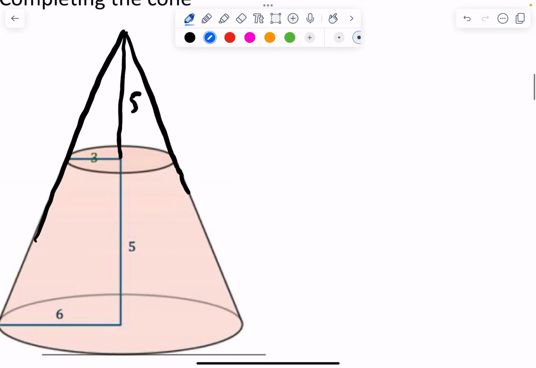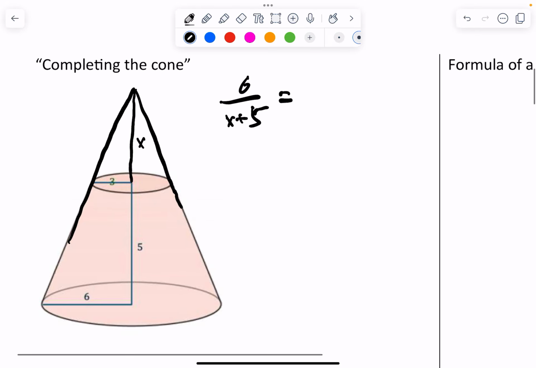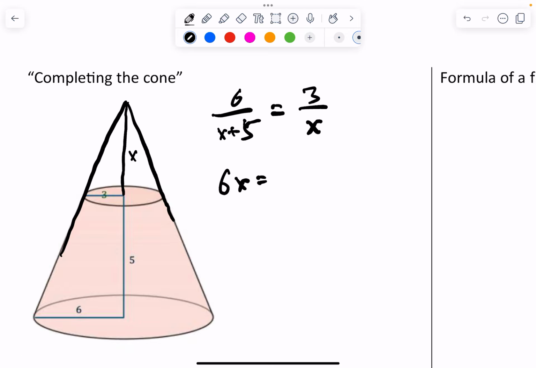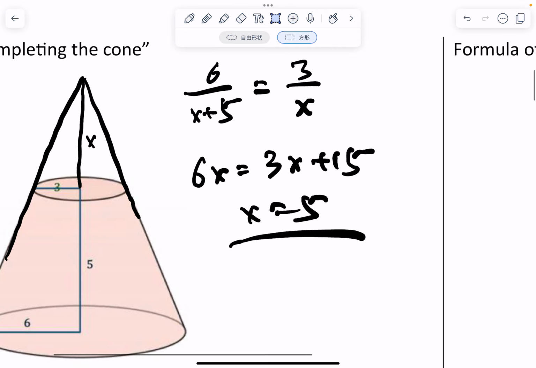Meaning that 6 over the whole height, if we were to set this as h for now, 6 over the whole height is equal to 3 over this part of the height, right? 6 over x plus 5 is equal to 3 over x. And then, with some simplifications, we get x is equal to 5.